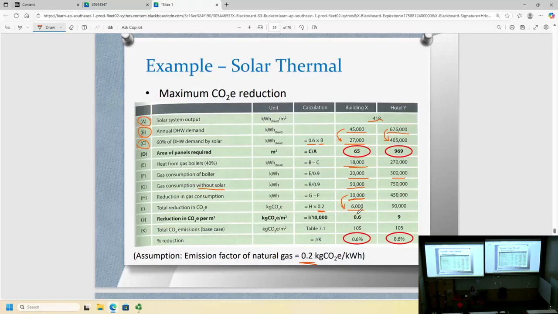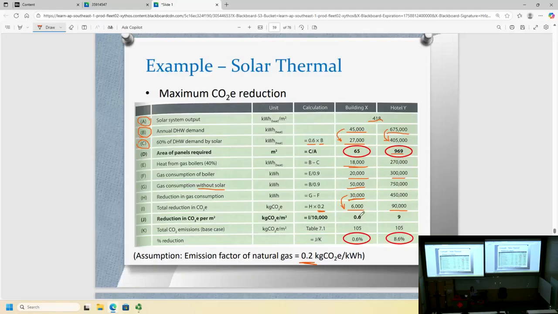So by installing that solar thermal collector of 65 square meter, we can reduce 6,000 kg of carbon dioxide equivalent every year. All right, and for hotel Y, the area is much larger. Okay, 969 square meter of solar thermal collector, and therefore the reduction is also more significant. Okay, 90,000 kg of carbon dioxide equivalent.